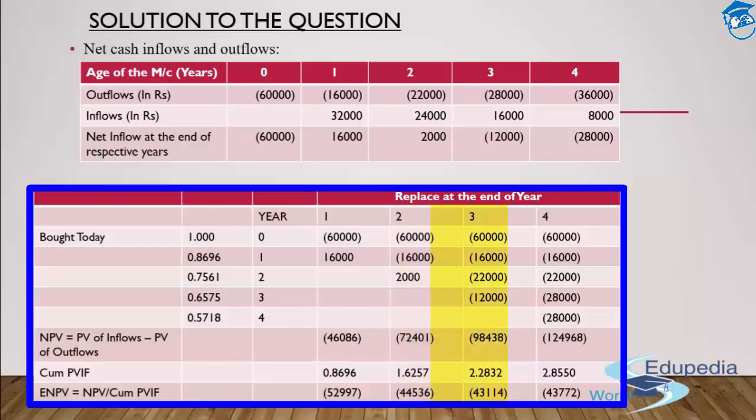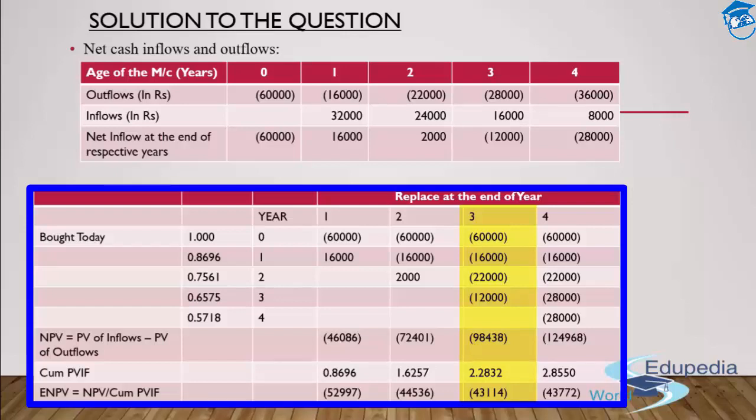Coming to the third year, I'll incur a cost of 60,000 rupees, the purchase price. I'll have an opportunity cost of the first year, which is 16,000 rupees, and an opportunity cost of the second year also, because I have deferred the decision of replacing the machine till the third year. I also have to add 22,000 rupees, the cash outflow that has to be spent in year 2.